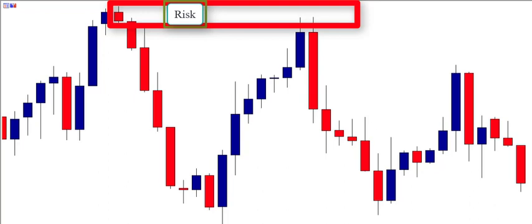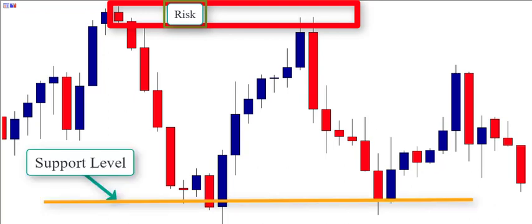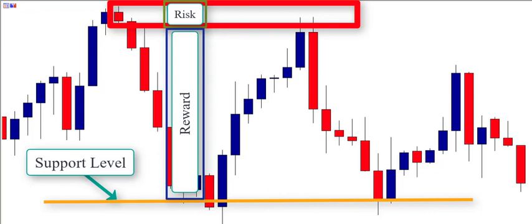In this example, your profit target is the support level. You know, we are not trying to calculate the risk to reward ratio. We are trying to compare between the risk and the reward that this zone offers. As you can see, this supply zone offers 5-to-1 reward to risk ratio.